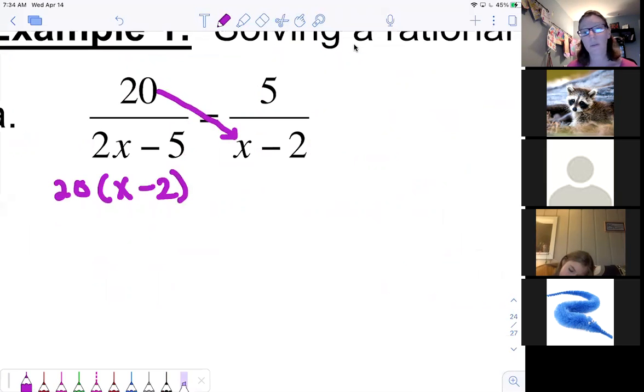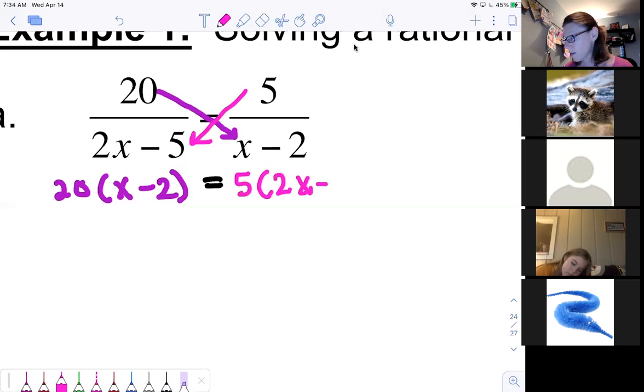And that 20 has to get multiplied by the quantity x minus 2. And then you still have your equal sign. And then you have the other diagonal of 5 times the quantity 2x minus 5. So again, that numerator must multiply by all of the denominator.